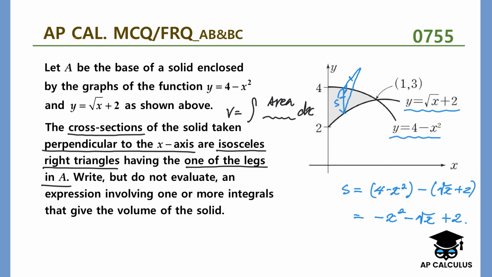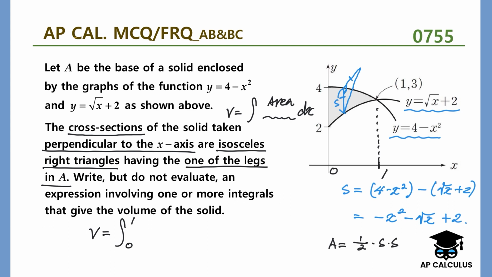So our volume is equal to the integral from 0, this value is equal to 1, so from 0 to 1, of the area of this isosceles right triangle. Area is equal to 1/2 times base times height.